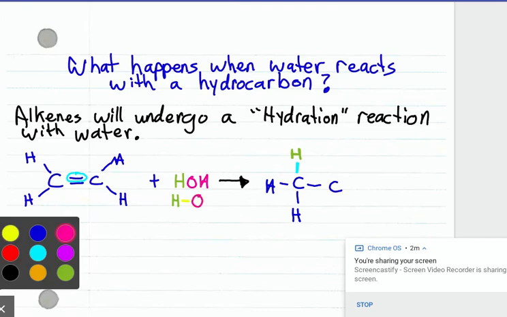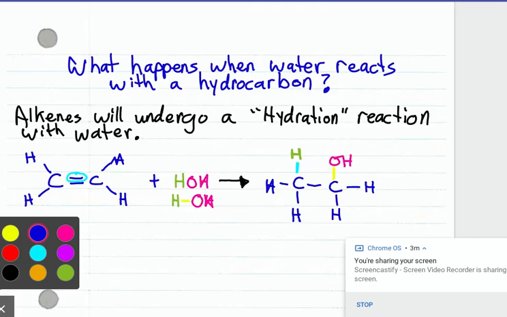I'm just going to write out our water to look like this. And those electrons being used to attach the green hydrogen come over here and they get used to attach the OH to the carbon. And because that carbon has another pair of electrons bonded around it, the hydrogens shift over and make some space.